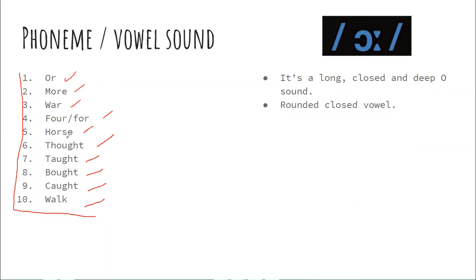More, war, for, horse, taught, bought, caught, walk. Me gusta tu sonido, es bien fuerte y es bacán. Cuando tengan que hacer la tarea, conscientemente anulen la R. Si la mencionan, va a ser mezclado, ¿ya?